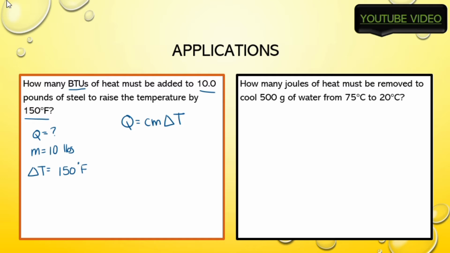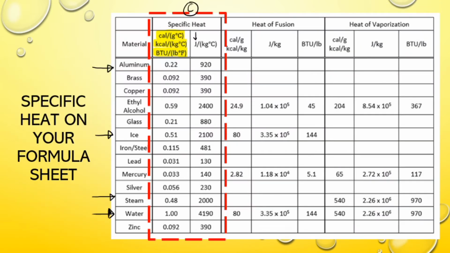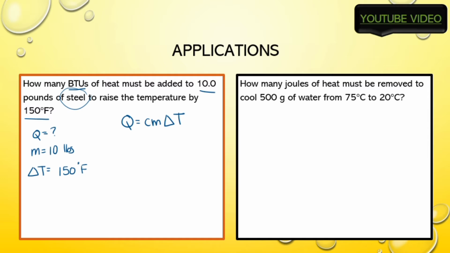Cm delta T. Okay, so to find C, the specific heat of steel, I go over to the formula sheet. Now maybe I'll go back and look at that. I go to steel, which is with iron, and I'm making sure that I'm taking the value that corresponds to BTU per pound degree Fahrenheit. So 0.115. All right, so I'm going to write that down here as well. And it's just multiplication.